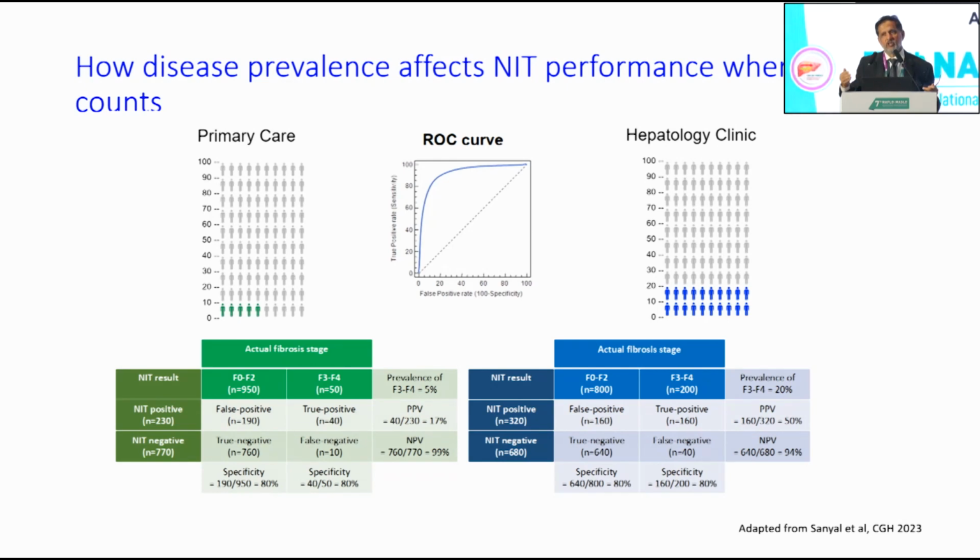Conversely, if you enrich the population, if you do something that increases the prevalence of the disease you're looking for, then increasingly your positive predictive value will go up, but when the prevalence gets very high, your negative predictive value will go down. You don't make clinical decisions based on sensitivity, specificity, or the AUROC.